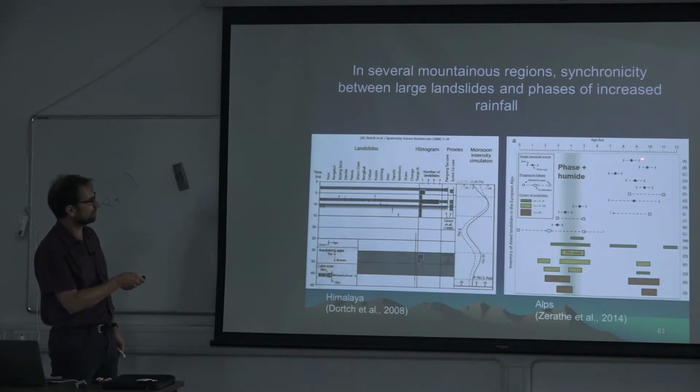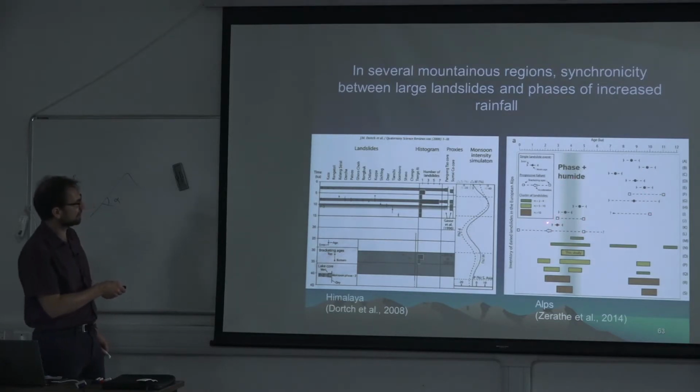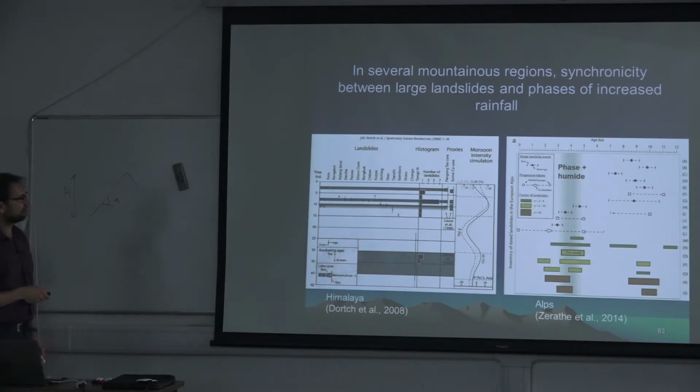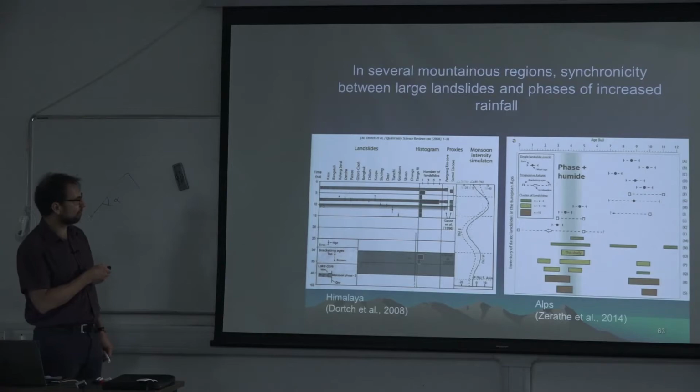So we got some phase of decompression of the valley, and the second phase of activation of the landslides was around 4,000 years ago, probably during a phase where the climate was documented as more humid than today. Same here.